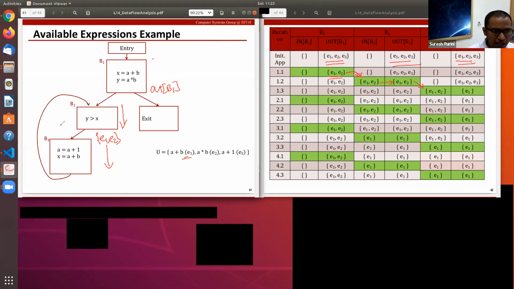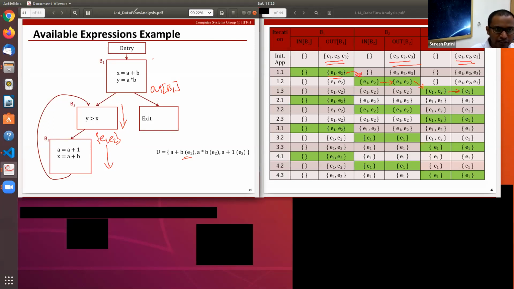But then it also gets regenerated. That's the point here. So E1 gets killed but locally generated. E2 is A star B. It gets killed but is not locally regenerated. So as we push this set E1, E2 by applying the transfer equation, this is what we get. And then we iterate like this.